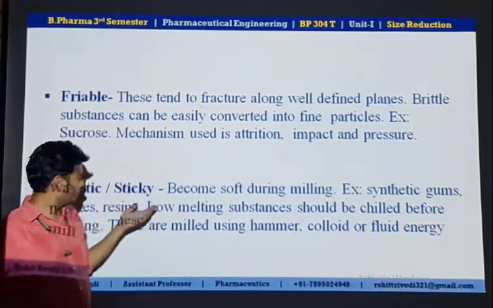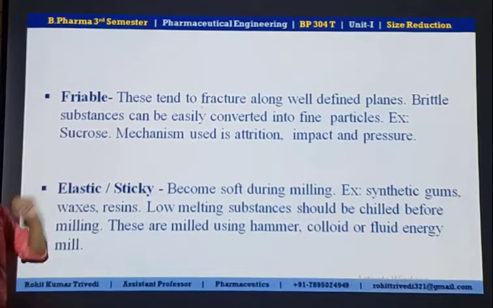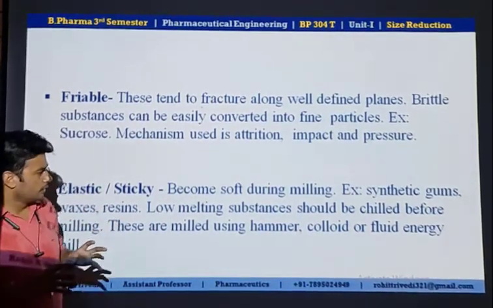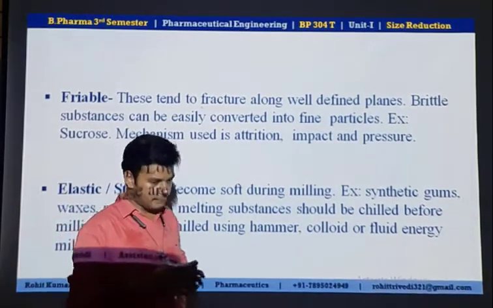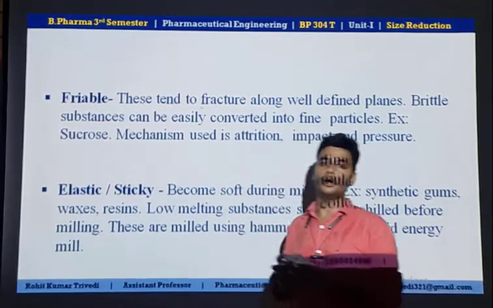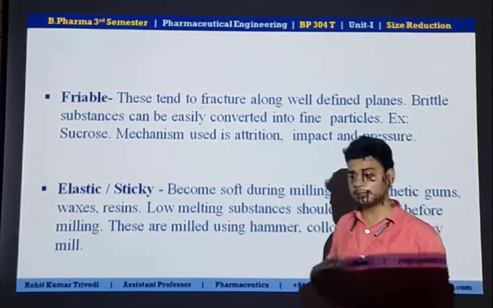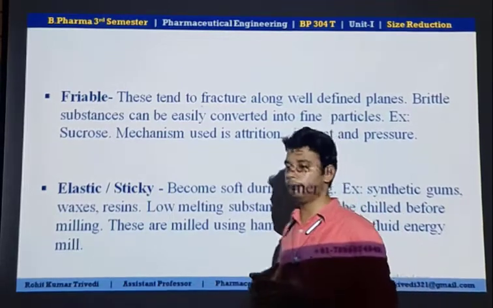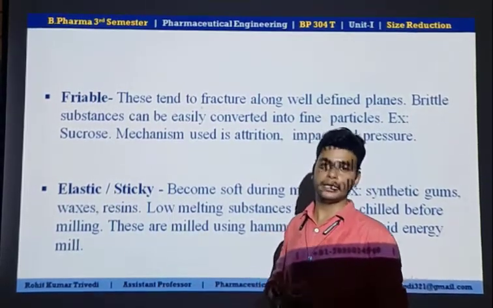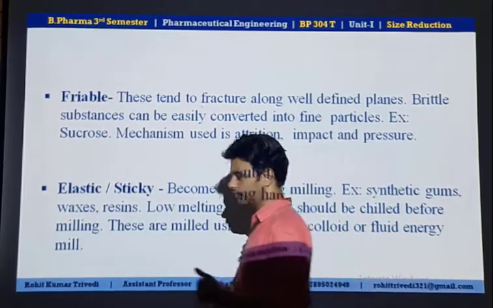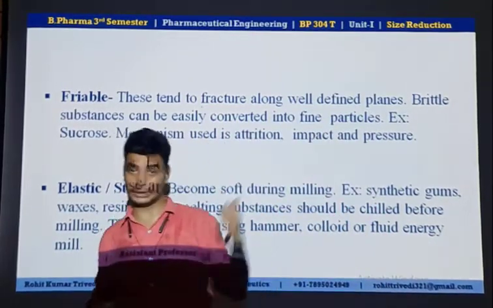Okay, the next category is the elasticity or the stickiness. We have certain materials that become soft during the process of milling or size reduction. If the substance is becoming soft in the process of size reduction, it will be difficult to break those particles by using simple impact only. So we will require specialized machinery for reducing such kind of materials.